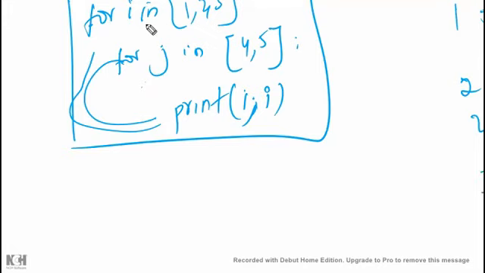Same thing. Here, instead of this one, I am writing for alpha in list of 0.1, 0.2, 0.3, for L1 in 0.5, 0.6, 0.7. Now, what would be the answer?